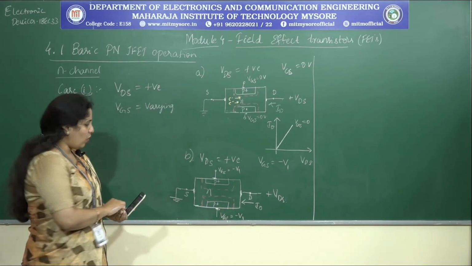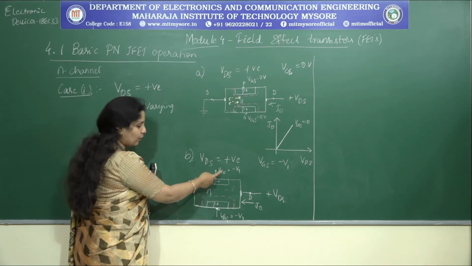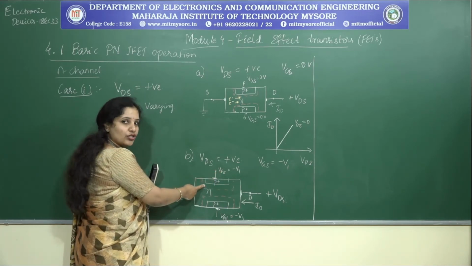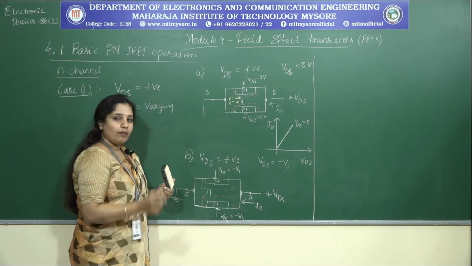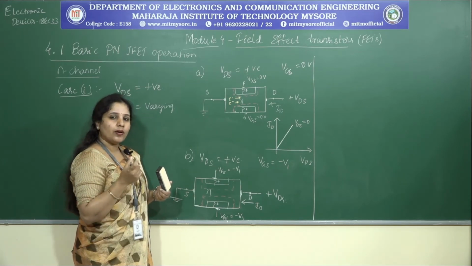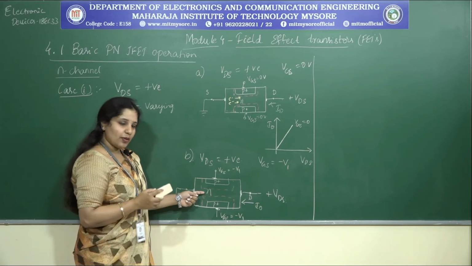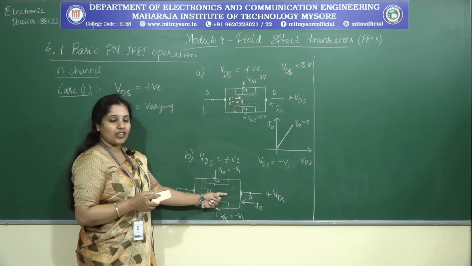Done. Now, as I tend to provide a negative voltage, as this depletion region tends to widen, what happens to the channel region that is available? It is getting reduced, right? Because of which, what happens to the resistance value, or the conductance offered by the N channel?